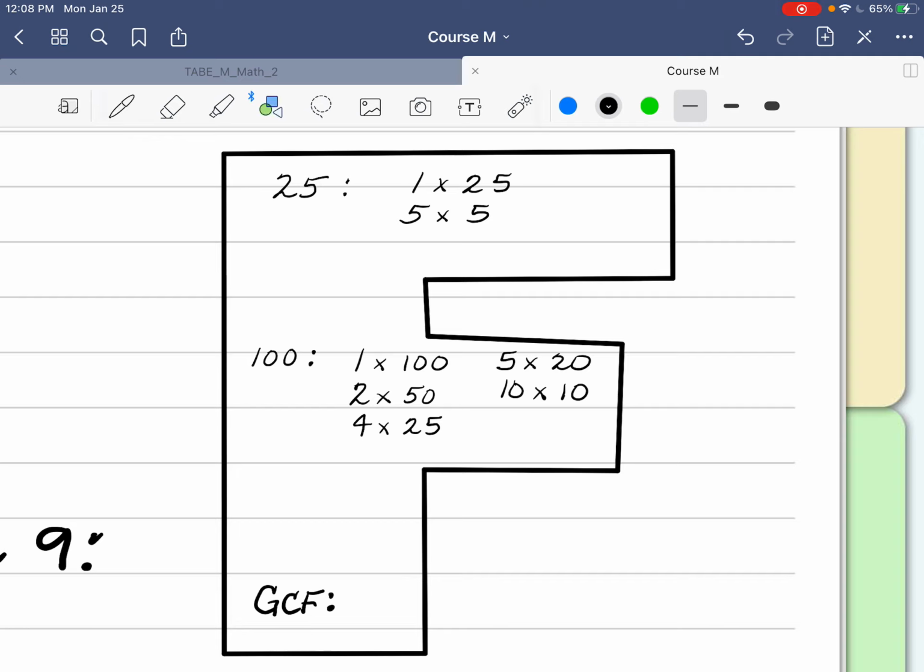Not always, but usually. So this one I have a 1 that matches. I have a 5 that matches. And a 25 that matches. So of those common factors, which is the largest? The greatest common factor of 25 and 100 is 25.